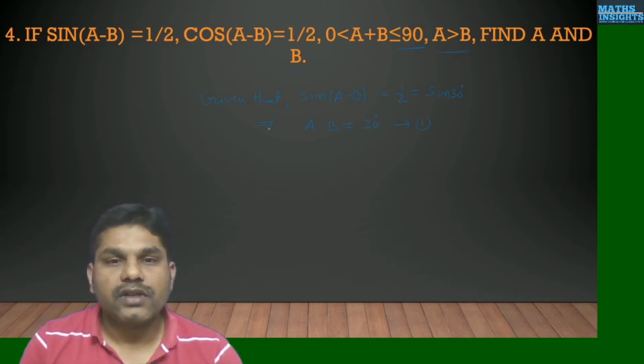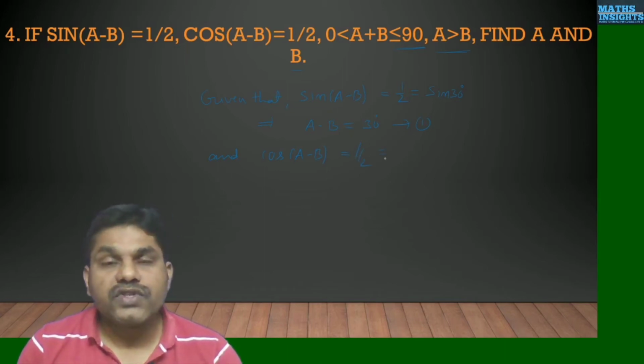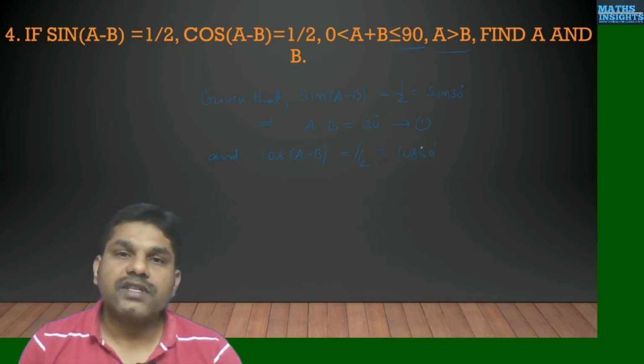Let it be equation 1. And they have given another equation, that is cos a plus b is equals to 1 by 2. You have to remember for which angle of cos theta you will get 1 by 2. That is very clear from the table, that is for 60 degrees you will get 1 by 2.